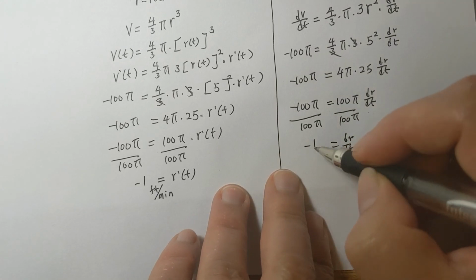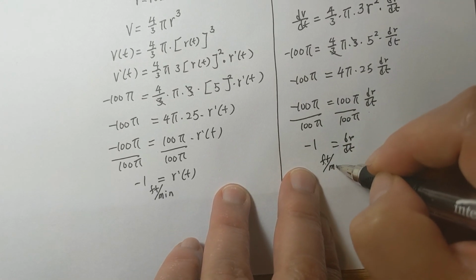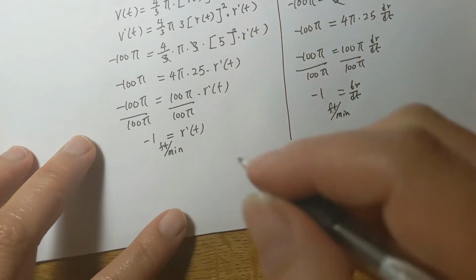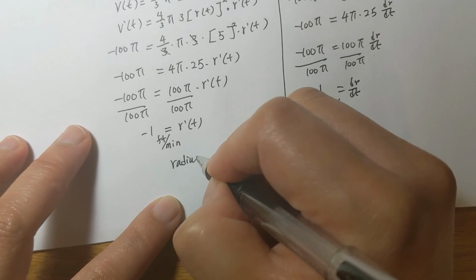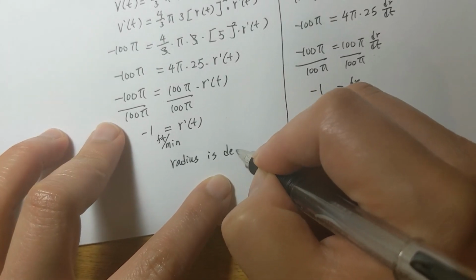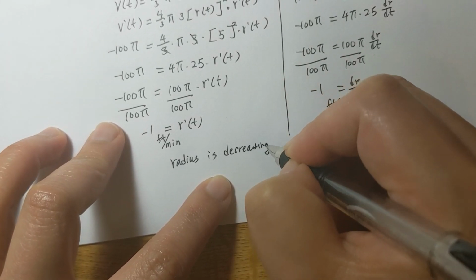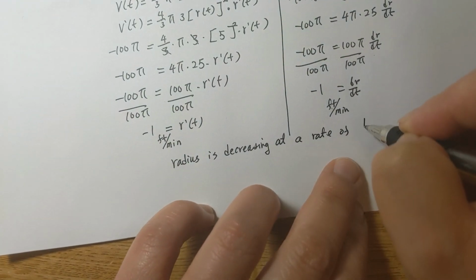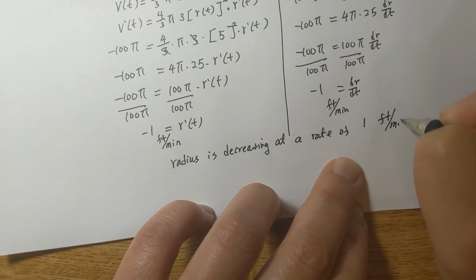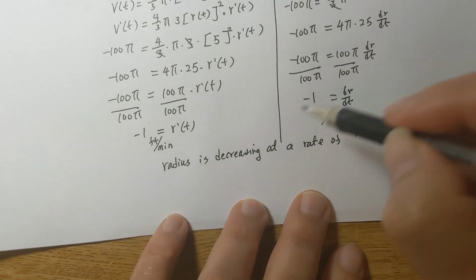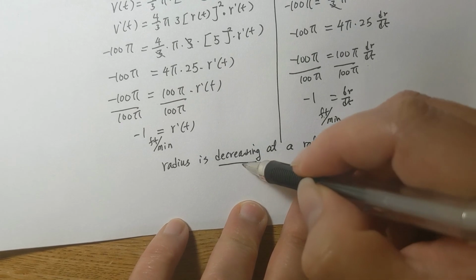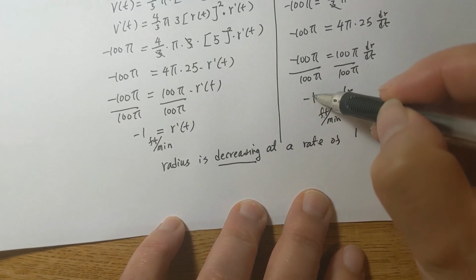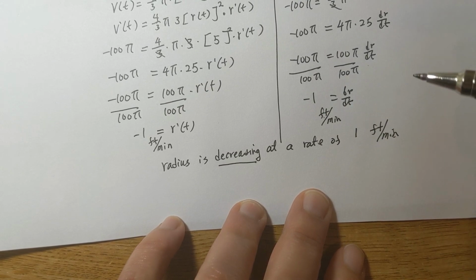So dr/dt equals -1. The negative tells us the radius is decreasing at a rate of 1 foot per minute. The negative sign tells you to use the word decrease. Decrease at a rate of 1 foot per minute. That means -1 foot per minute.